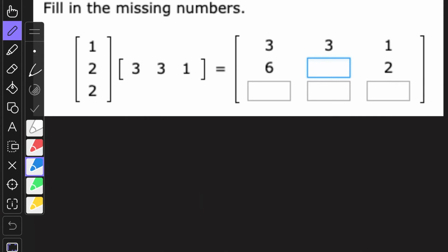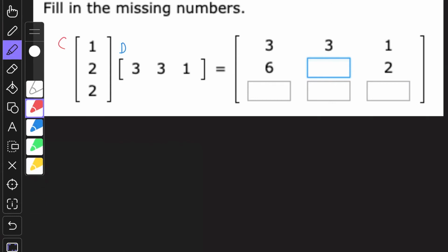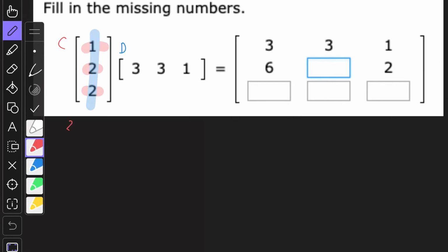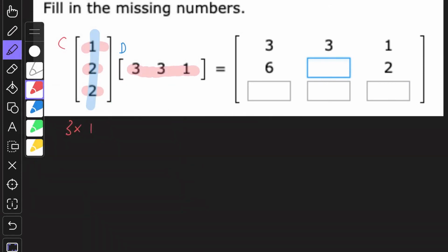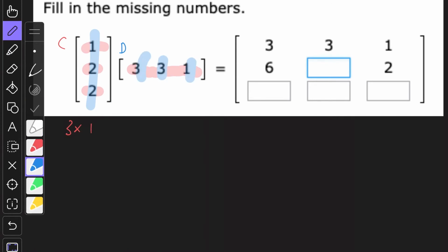So if this were my matrix C, and this were my matrix D, we can see that C has 1, 2, 3 rows with 1 column, so it's a 3 by 1. We can see that matrix D has 1 row with 1, 2, 3 columns, so it's a 1 by 3.